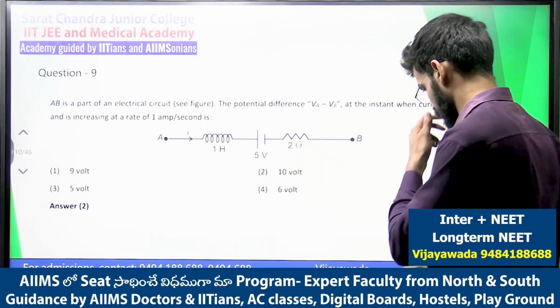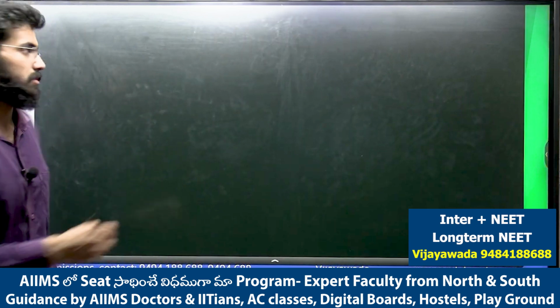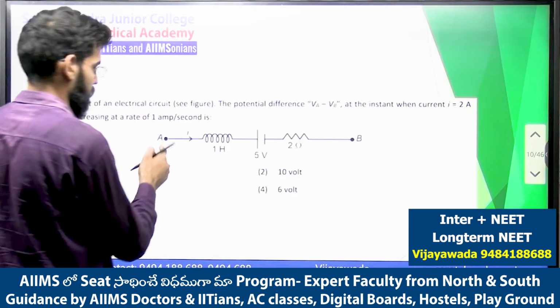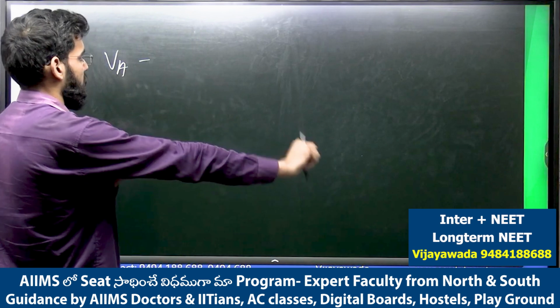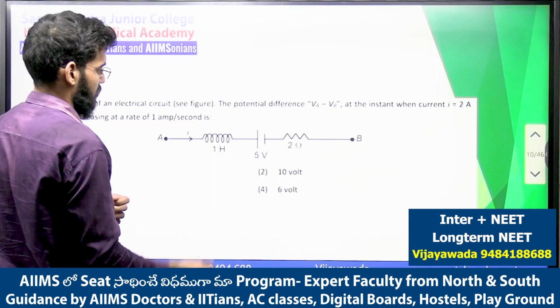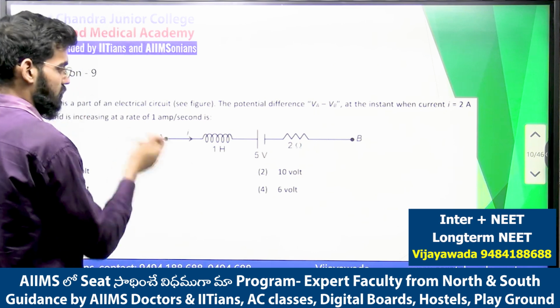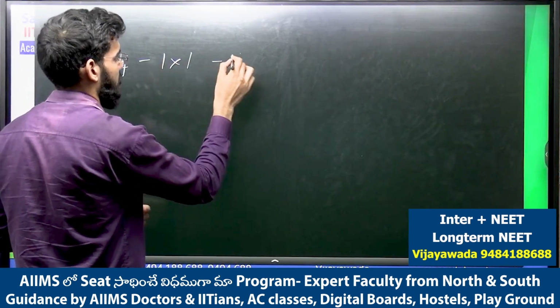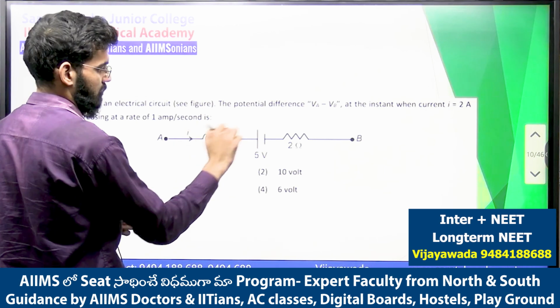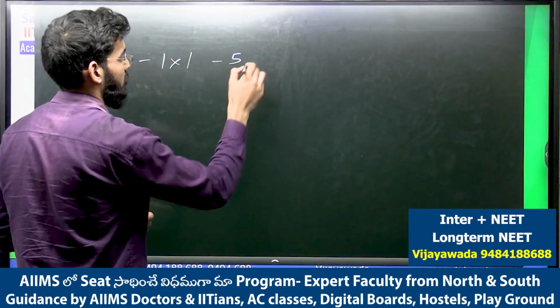So let's solve. Directly I can say, on this side VA. Then VA minus L, which is given as 1, and the rate of current is also given as 1. So 1 into 1, and then minus 5 for the battery. If you jump the battery from the positive to the negative side, you write a minus sign, minus 5.